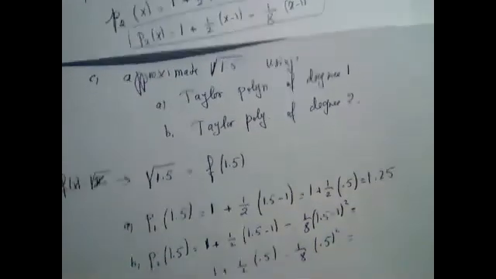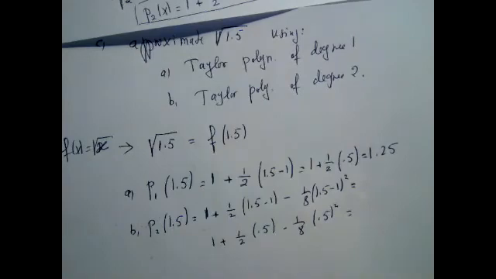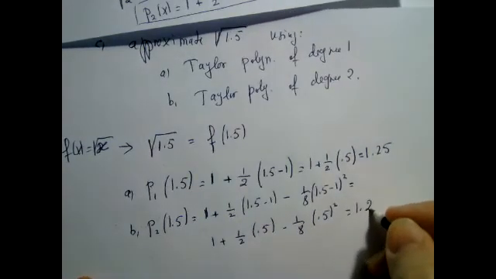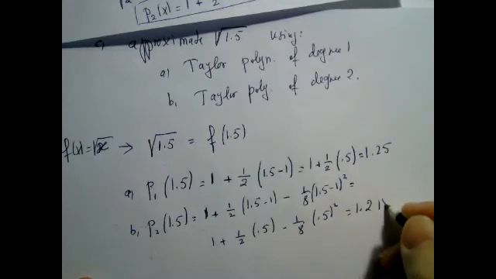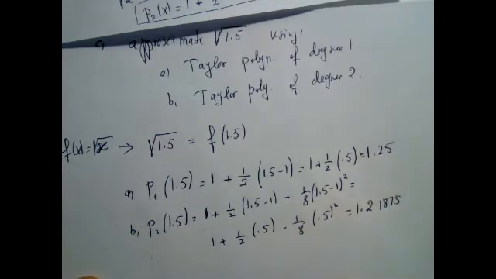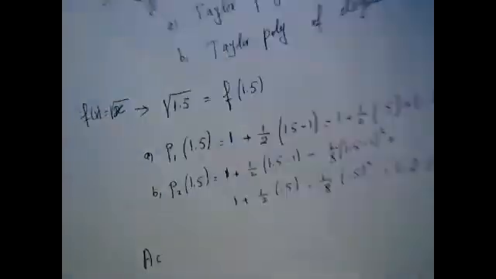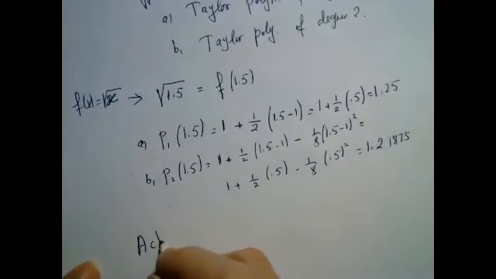Now I plug it into my calculator because none of us can do that in their mind. We will get 1.21875. Okay. Now let us see what's the actual value of the square root of 1.5. It means the value we pick up from our calculator, and see how good our approximations are.